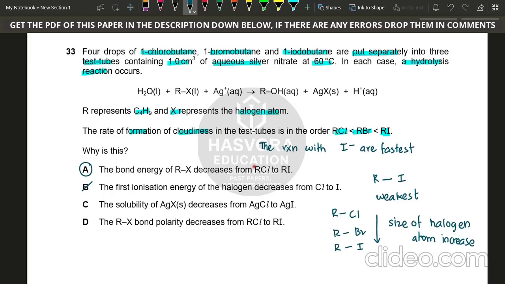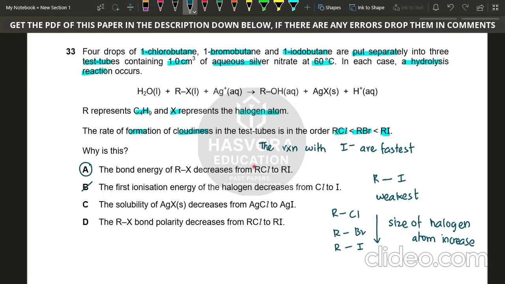It means that it needs less energy to remove one electron. It is correct, but it is not valid in the context of this question. The main reason for the rate of formation is the bond energy, how easily the bond can be broken.